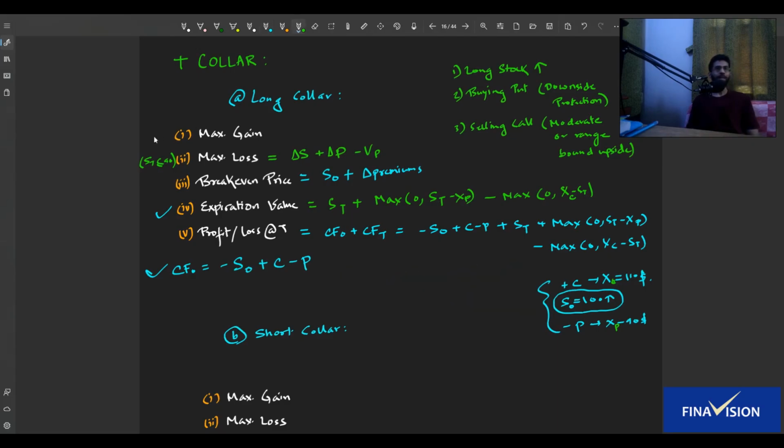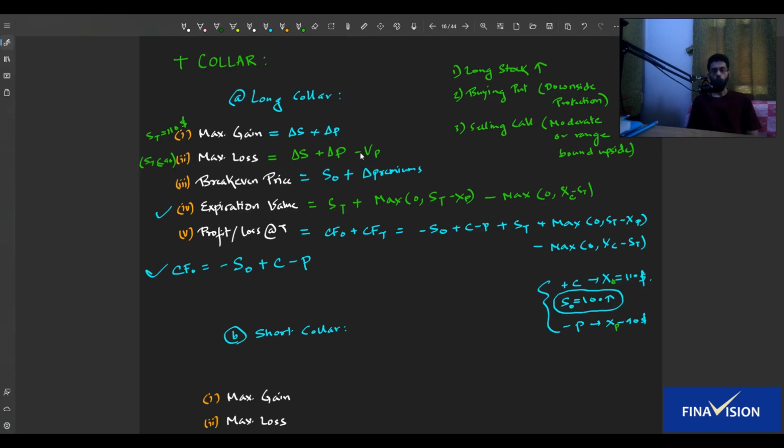The maximum gain occurs when the stock price hits $110, but does not go beyond it. It hits exactly $110. Now in that case, there is gain due to the gain in the stock price. Then the premium is adjusted. It can be a positive or negative premium. Generally it's a negative premium, so I am including the sign here.